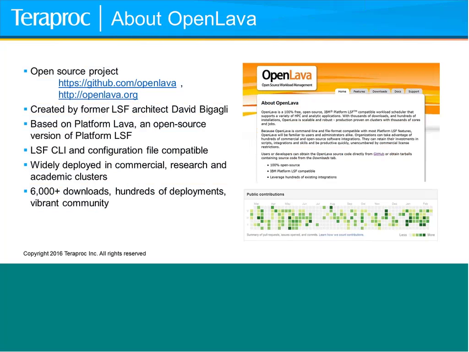Thanks, William. Just a little bit of background about OpenLava and where it came from, and I think David is also on the line here. As some of you know already, OpenLava is an open source LSF compatible version.